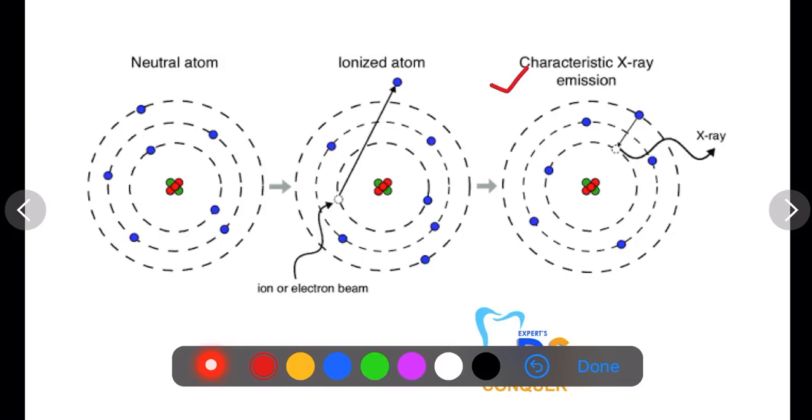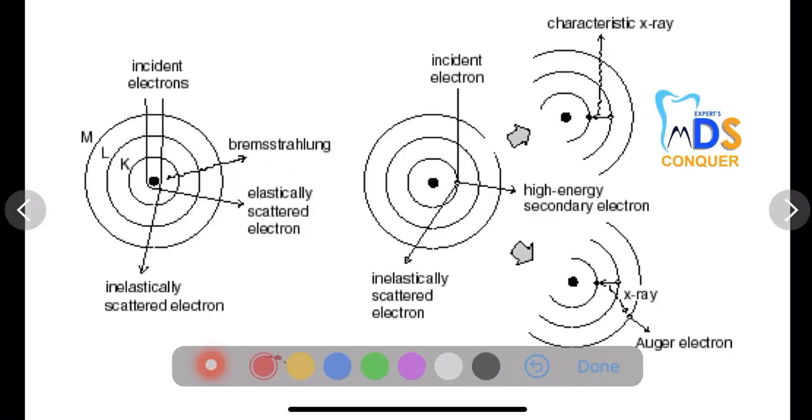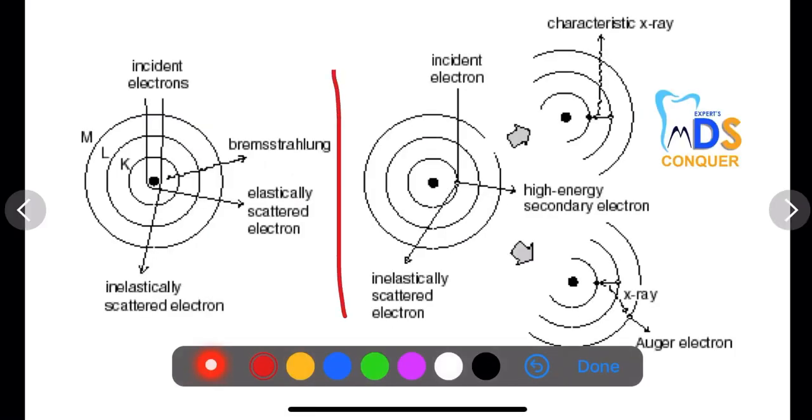So these are the two concepts related to the production of X-rays. Number one is Bremsstrahlung radiation and number two is characteristic radiation. Most of the photons are produced by Bremsstrahlung radiation. In Bremsstrahlung, the electron nearly misses the nucleus and produces an X-ray photon, as we have discussed.